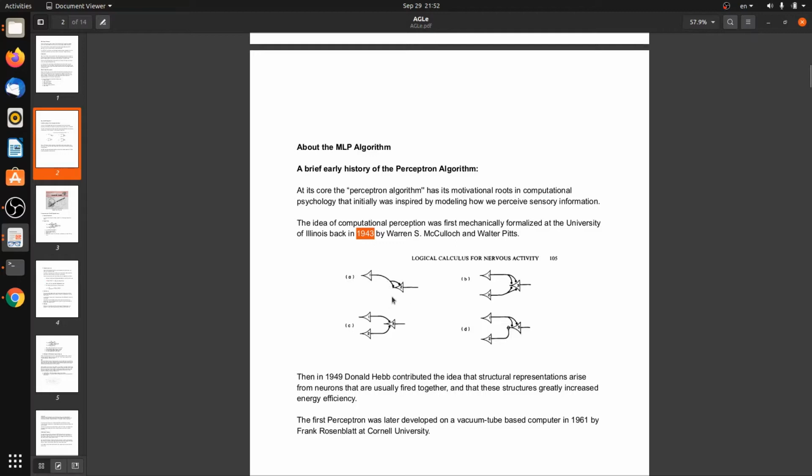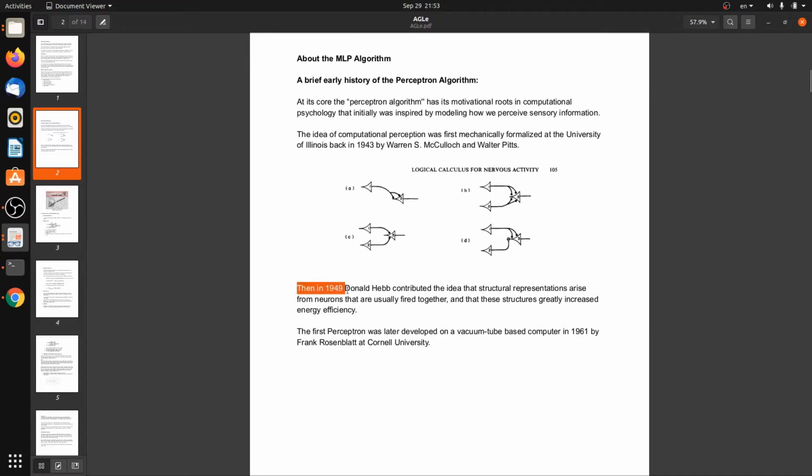We're taking sensory information through the eyes, and our neurons are receiving different inputs. This neuron is aggregating, and then passing on whatever useful information it's gathered from the sensory data to the next set of neurons.